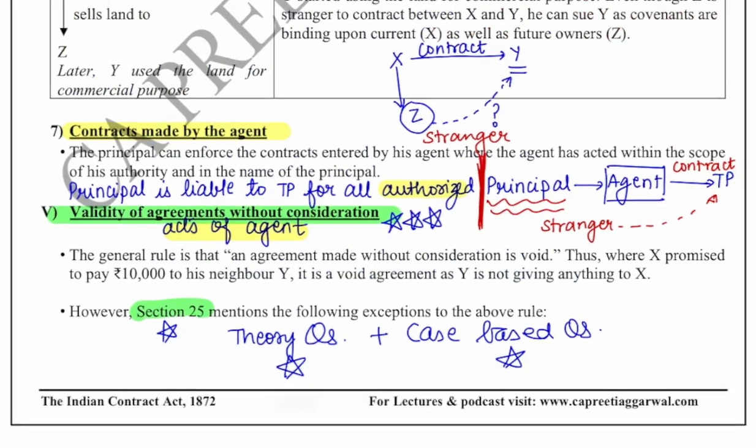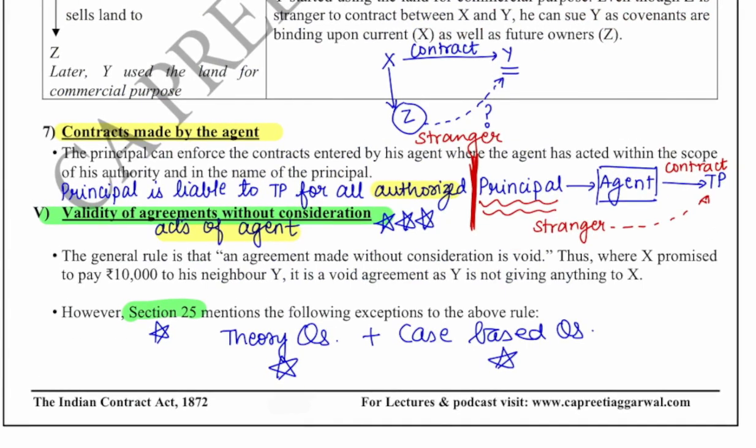Now, we have studied that an agreement without consideration is void. We have studied that there must be consideration for both the parties, yes or no? But there are certain contracts which are valid even without consideration.